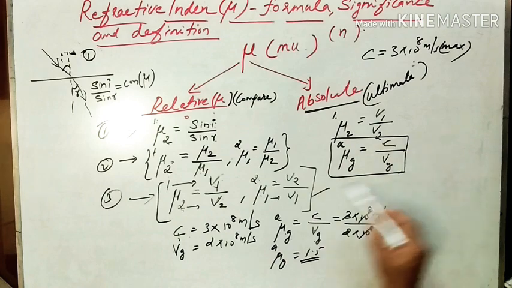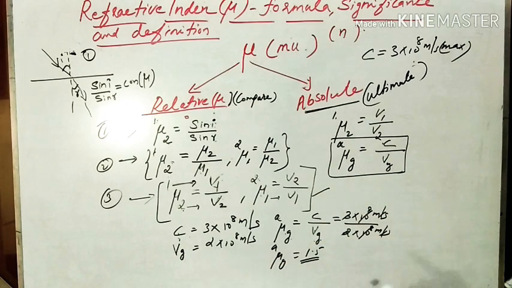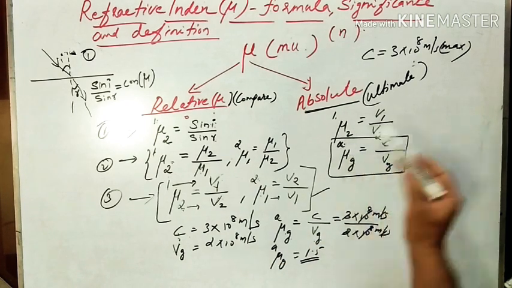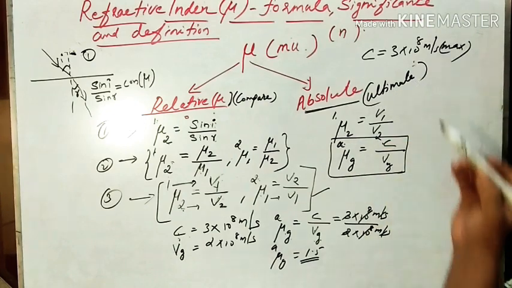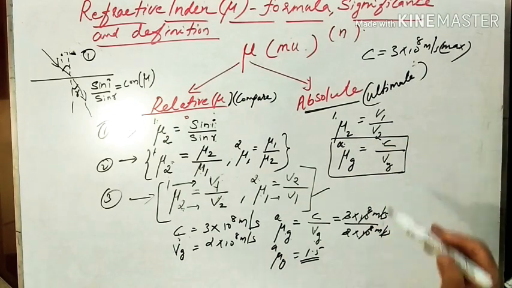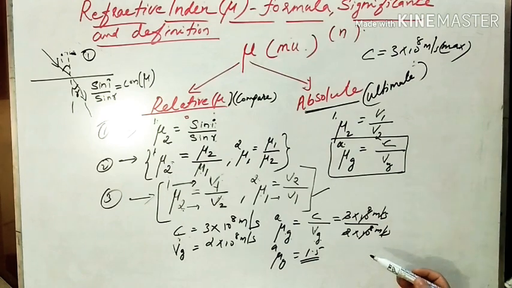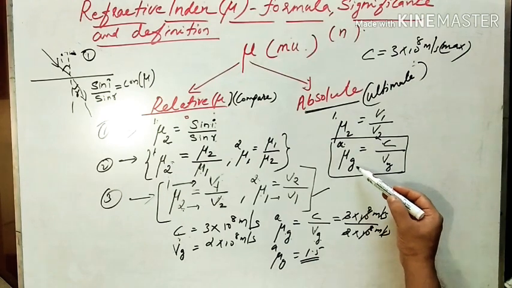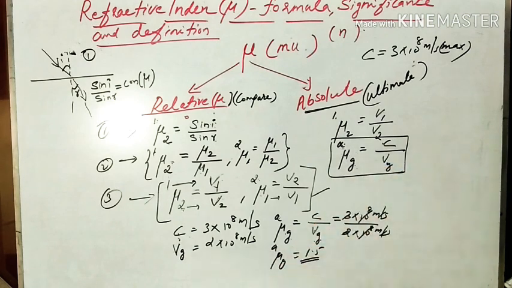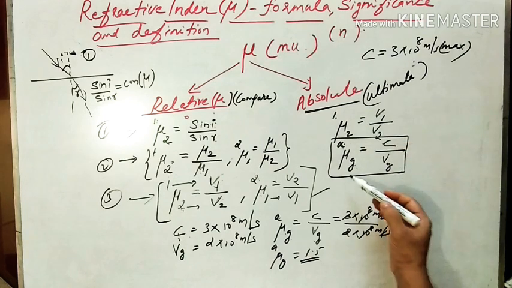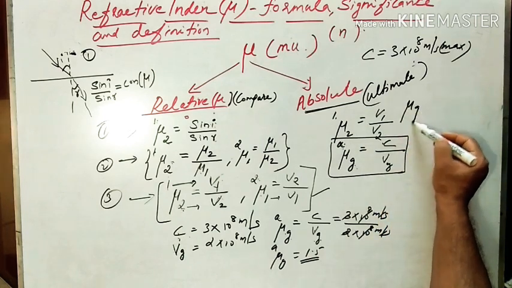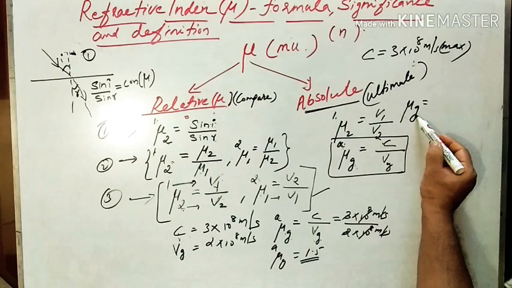So the absolute refractive index, we are comparing actually with the air or vacuum, that is where the light has the maximum speed, the ultimate value. So in absolute refractive index, we are comparing the refractive index of any substance or any medium with respect to air. Please remember it. So that we call it as absolute refractive index. So when we write it, just write mu glass. It is understood that refractive index of the glass is compared with air.